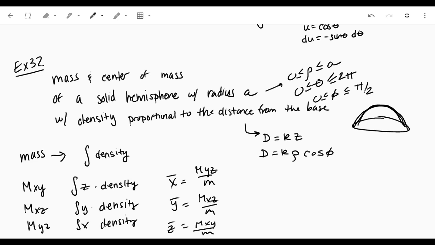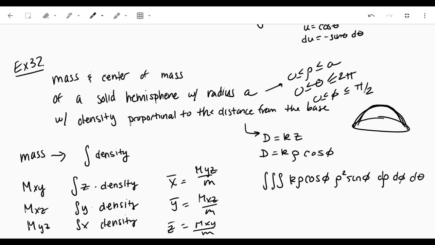Okay, so that was a little tricky. We have to get that density equation. For your mass, you're going to integrate k rho cosine phi, and don't forget then your rho squared sine phi, d rho, d phi, d theta.